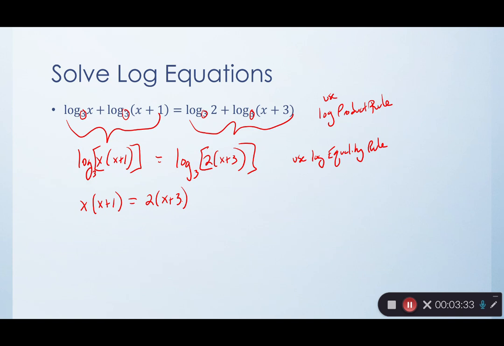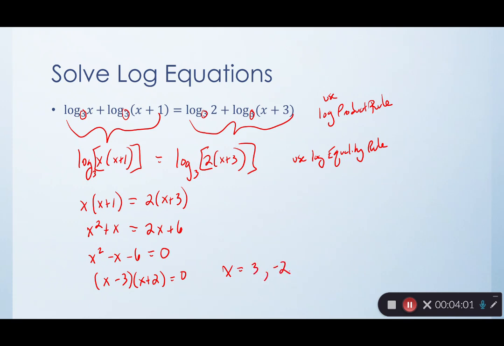And this is just going to be a quadratic, right? So I'm going to distribute, and I'm going to solve. I'm going to get everything all on one side. x squared minus 2x, so that'll be minus x, minus 6 equals 0. And so I've got x minus 3, x plus 2. I feel like we've been here before. So x is equal to 3 or negative 2.